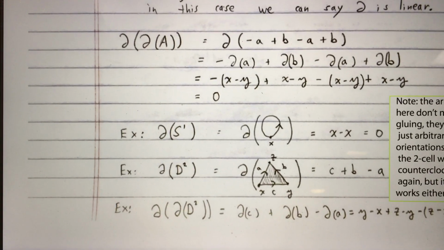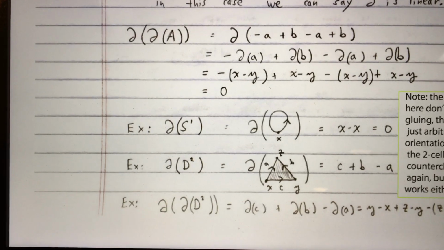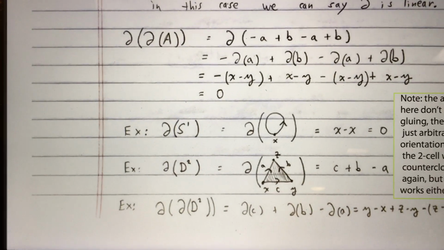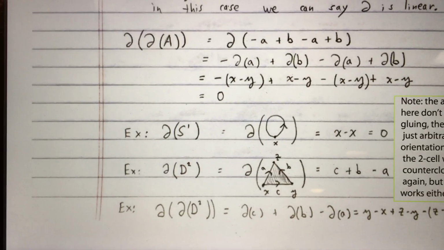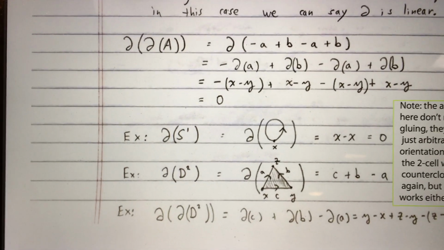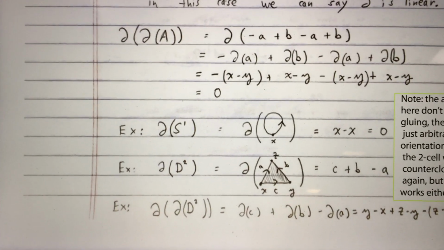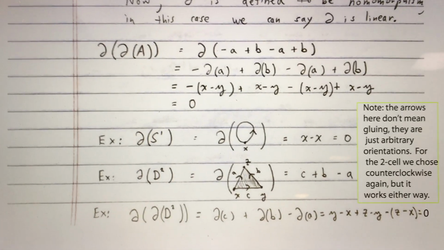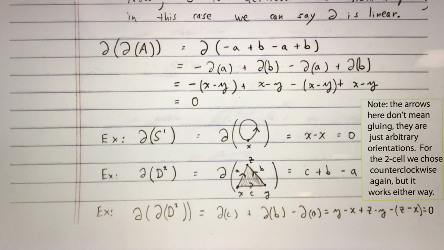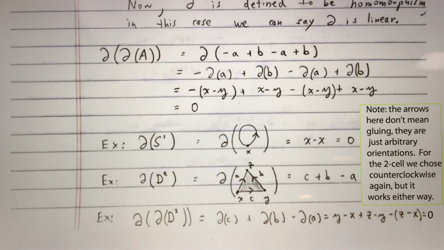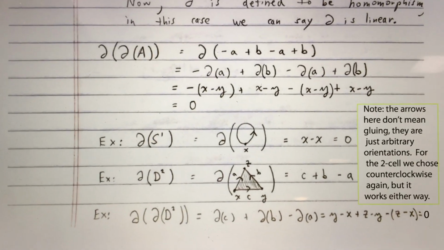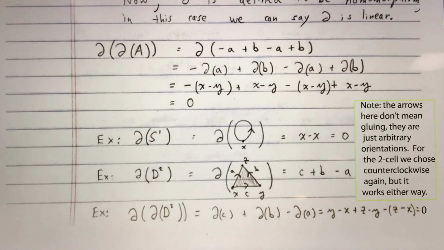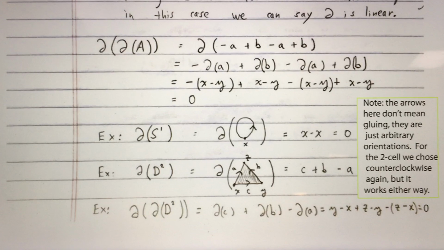Here's another disk, D2. This one is an actual disk, though. It doesn't have any gluing of the edges. But we do still need arrows on the edges so that we can see what the orientation is. It's an arbitrary orientation. The arrows here don't actually mean gluing. For the 2 cell that we're looking at, the filled in triangle, we choose counterclockwise again.